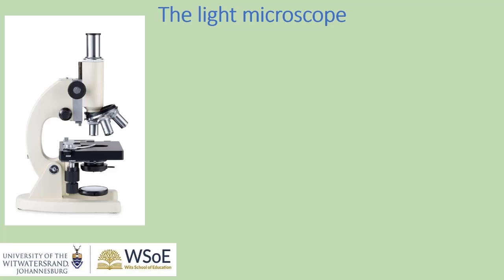If it's the eyepiece and the second objective lens, so let's say the ocular lens is 10 and the second objective lens magnifies by 40, that magnifies 400 times. And then with the highest objective lens, if it has a magnification of 100, so 100 times 10, it magnifies the specimen by 1,000 times its actual size. So that is the compound microscope.